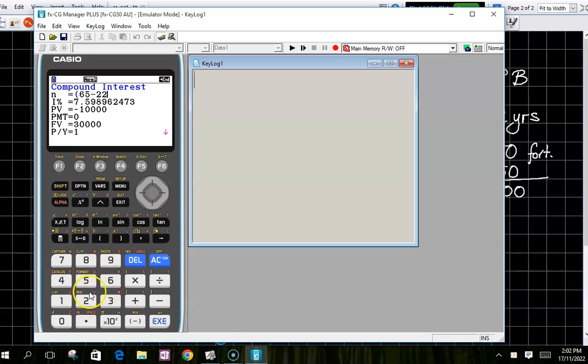So 65 minus 22. Now, we are making payments every fortnight, so we have to times by 26. You missed that because you're talking. So 65 take 22, every fortnight, so we times by 26. Got it?